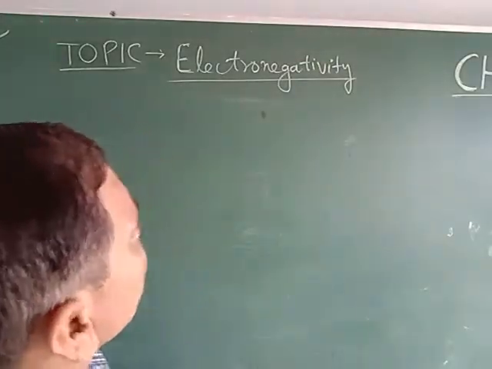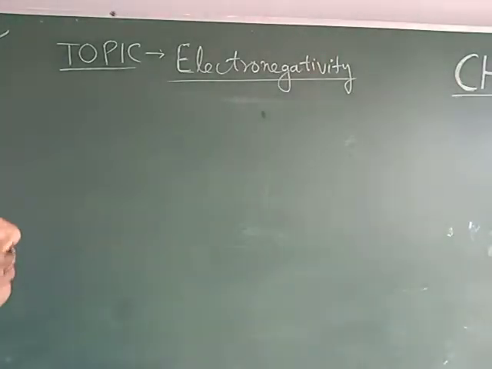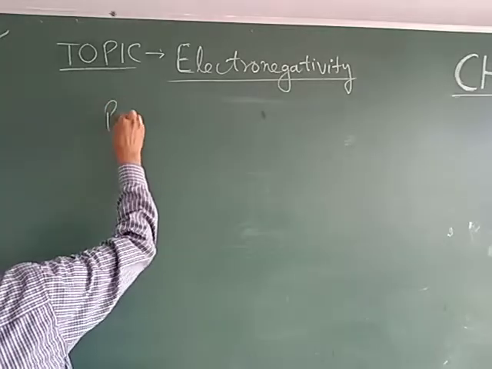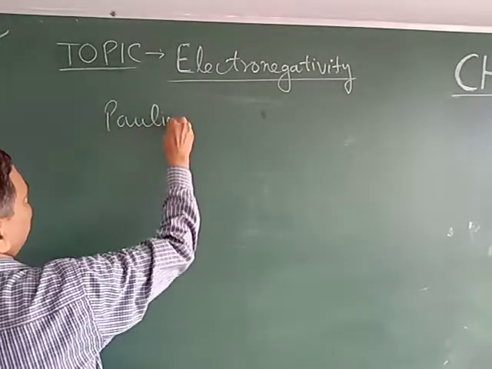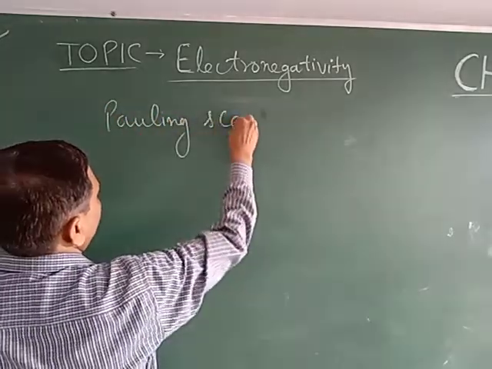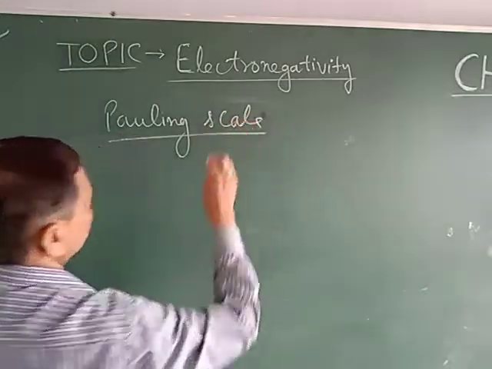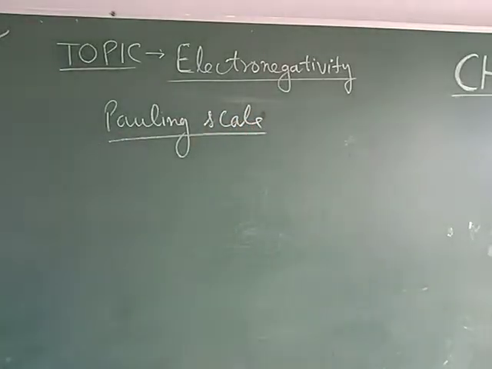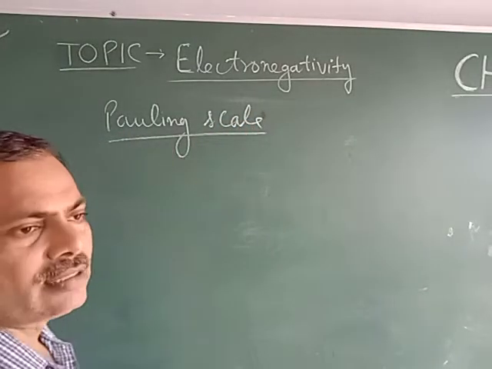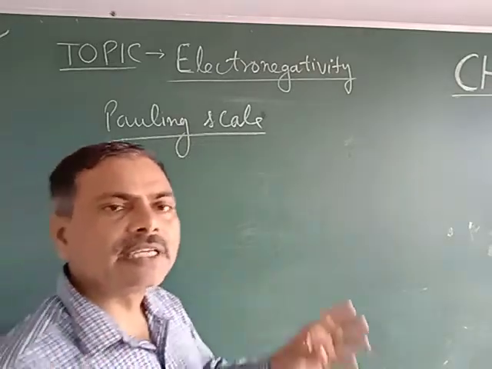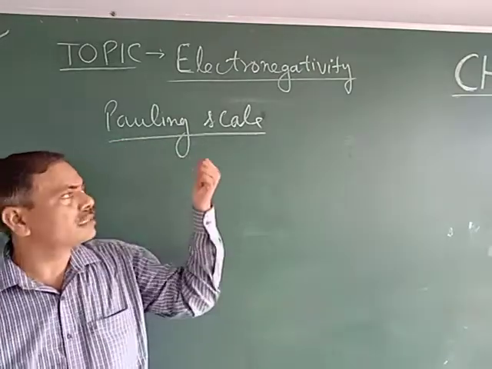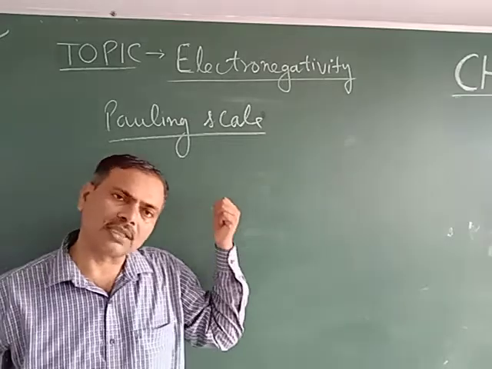And electronegativity is measured by the Pauling scale. You can see the electronegativity of the elements are measured by the Pauling scale.